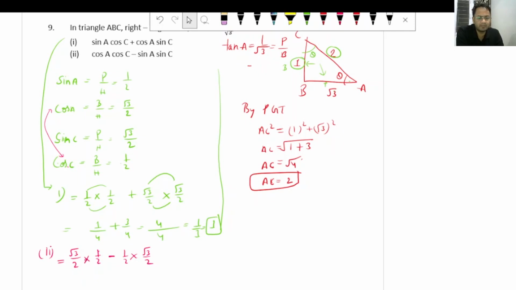You can see that both the values are the same, so you can write root 3 by 4 minus root 3 by 4, so the answer will be 0.